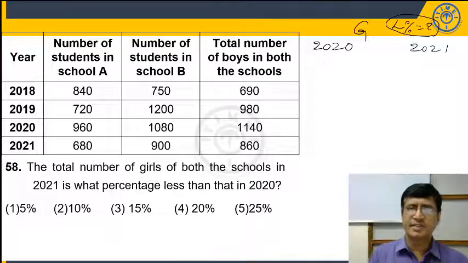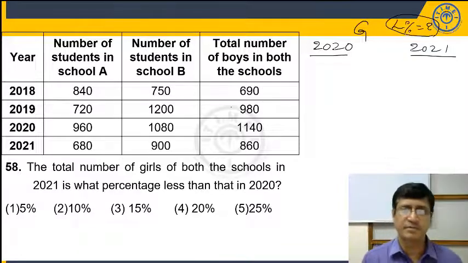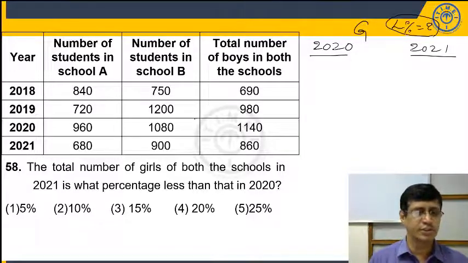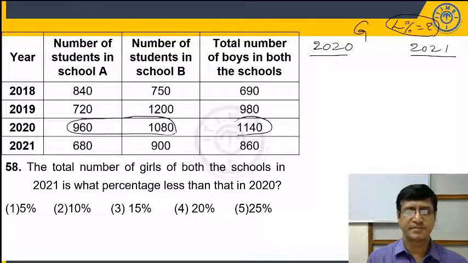So how many girls in 2020 and how many girls in 2021? So number of students in 2020. Just look at the number of students in 2020. How many students in 2020? So 960 and 1080. This is the number of students total. Minus boys. It will give the girls value. Am I right or not?